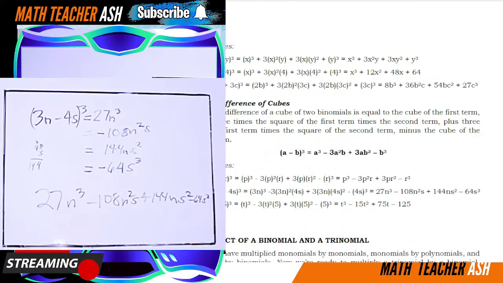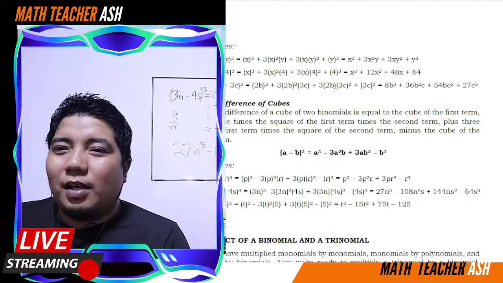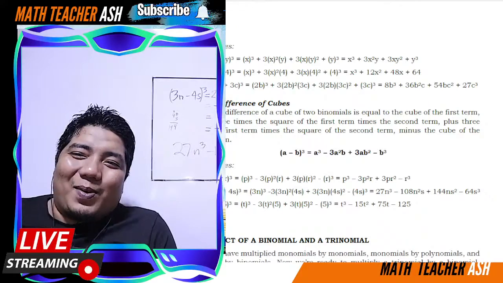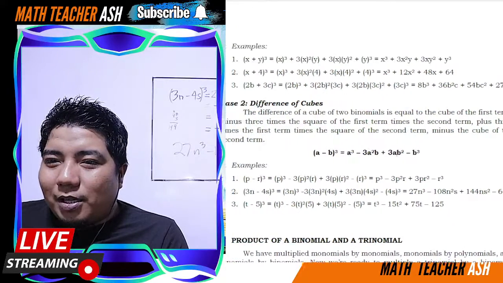Alright, so we have 27n cubed minus 108n squared s plus 144ns squared minus 64s cubed. Okay, so pareho nga sila, my dear math learners. Alright. So napakadali lamang po, di ba? Medyo challenging pero solvable pa rin. Okay, so ganun lang po, my dear math learners.